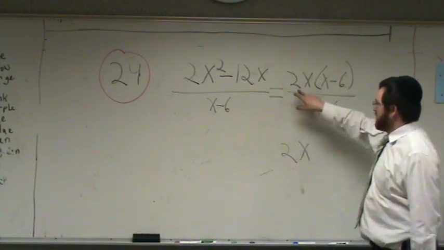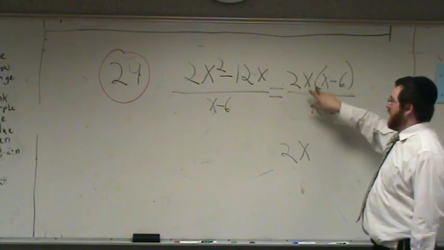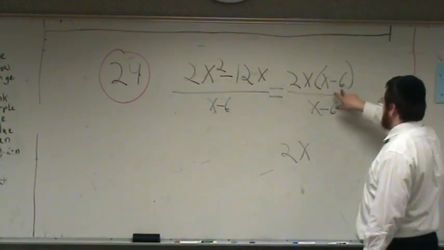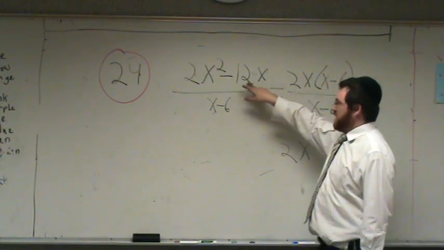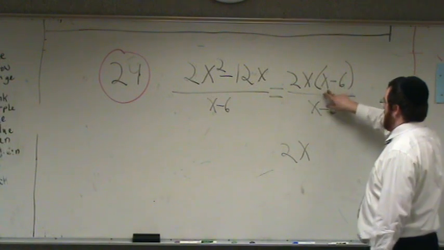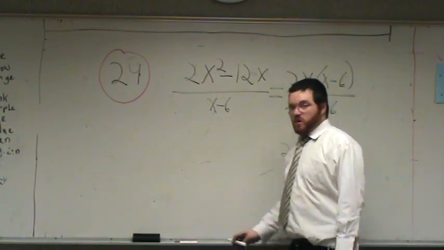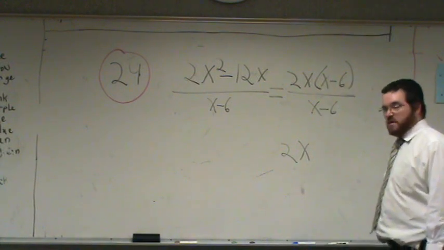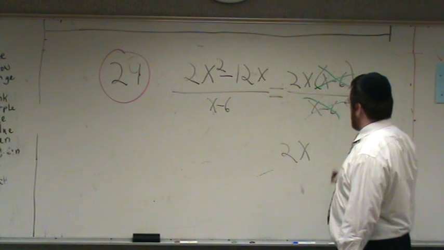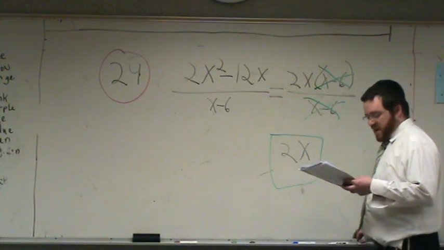So pull out a 2x, and to make sure you got it right, 2x times x is 2x squared, and 2x times a negative 6 is negative 12x. So therefore, the top is 2x times x minus 6 over x minus 6. So can we cancel something out? Yes, we can. We could cancel out the x minus 6's, and all you're left with is 2x. And that answer is answer 2.